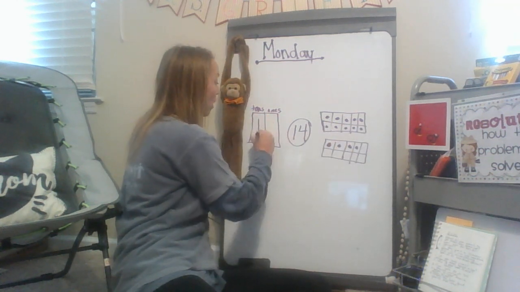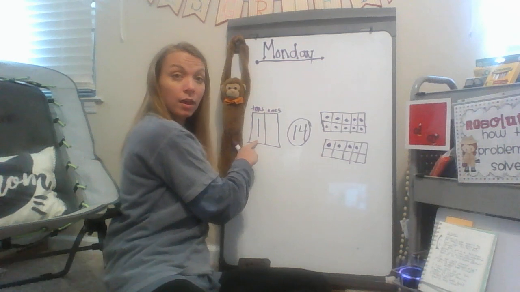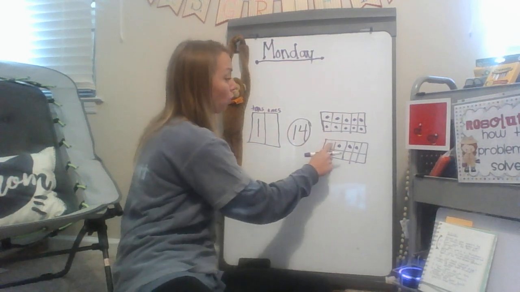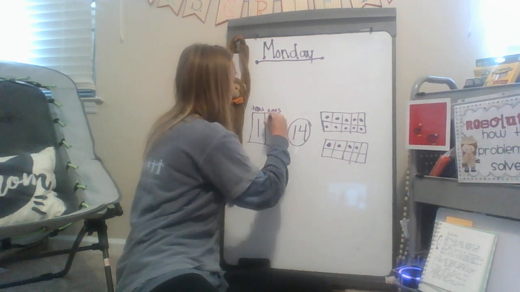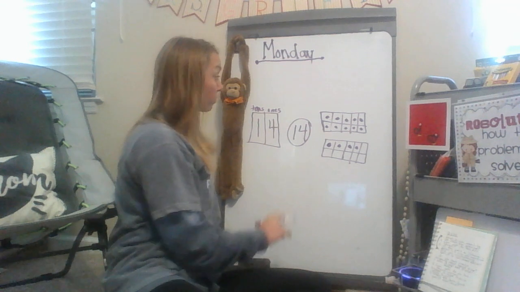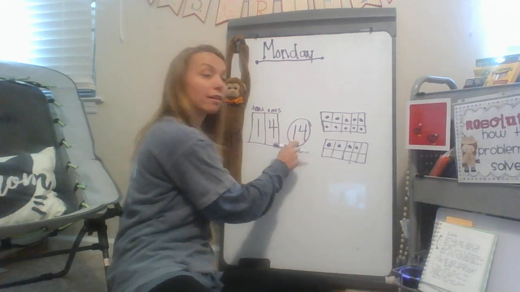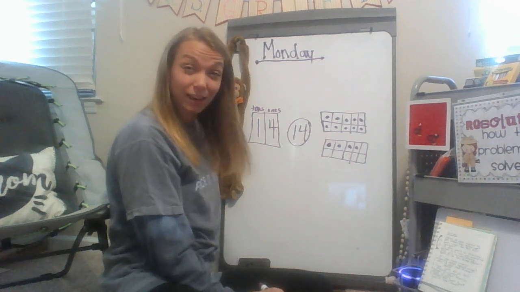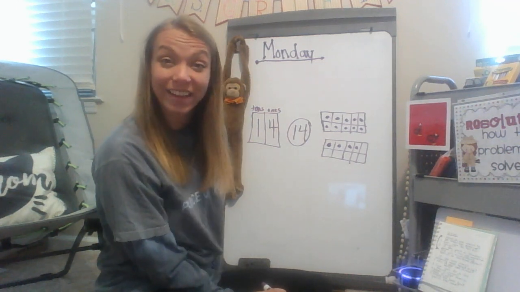So I have 1 10. And how many 1s? How many were left over? Well, 1, 2, 3, 4. I have 4 left over. And I know that that's right because this looks exactly like my original number, except for I broke it into different pieces. Let's draw our tallies next.